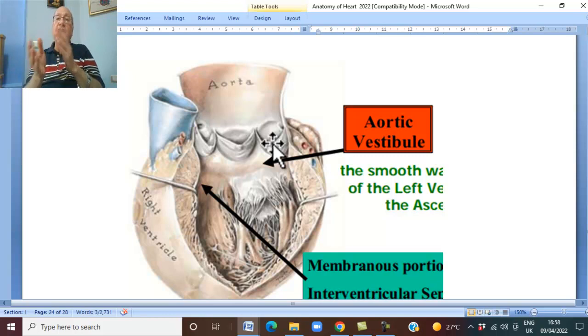The aortic orifice, like the pulmonary orifice, is directed horizontally, just above the upper end of the aortic vestibule. This is the opening and valve between the left ventricle and the aorta.